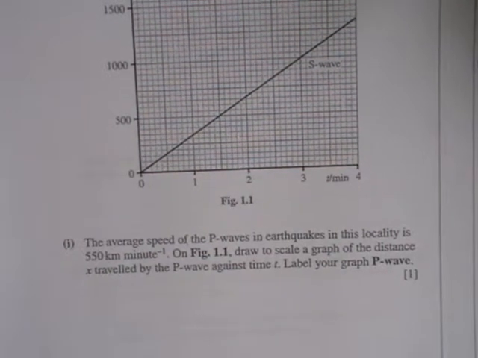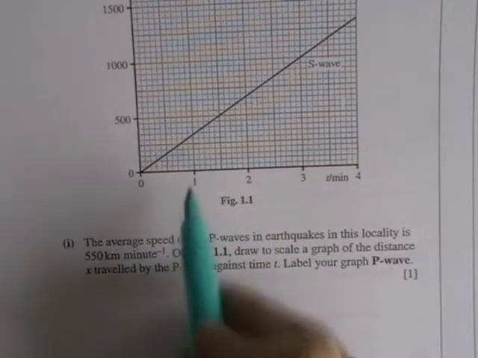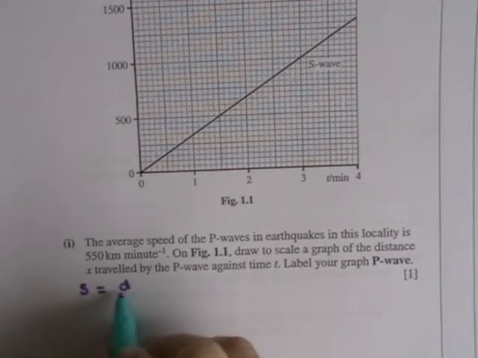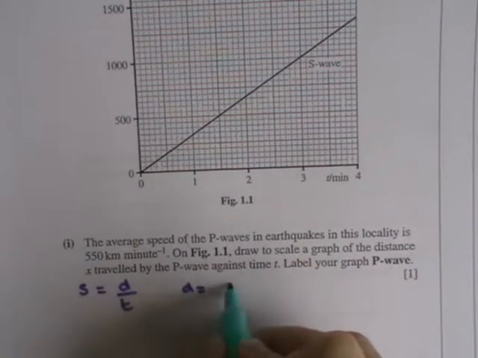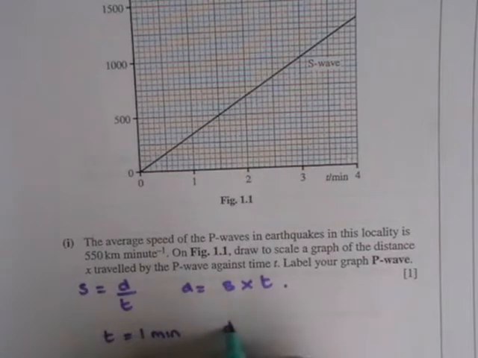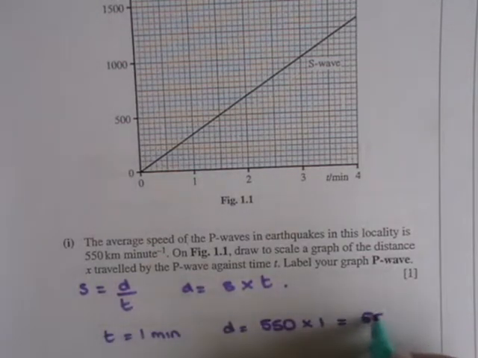So you know that the average speed is 550 kilometres per minute. So we need to work out a few distances for each of these times. If speed is distance over time, then distance must be speed times time. So the distance travelled at time 1 minute is just 550 times 1, which is 550 kilometres.